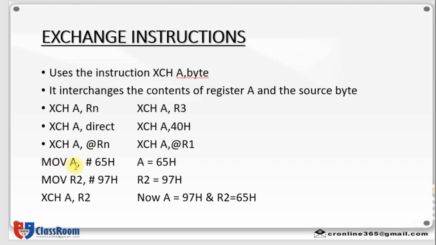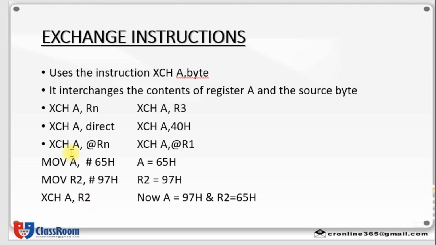For example, MOV A comma hash 65H. That is accumulator will be having the value 65. Then MOV R2 comma hash 97H. R2 will be having the value 97H. Then XCH A comma R2. Exchange the contents of register A with R2.